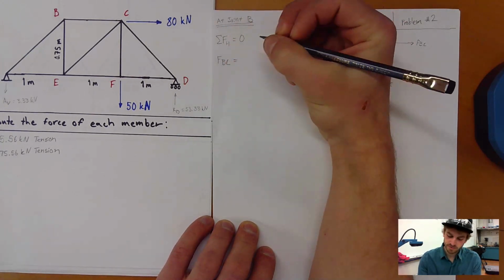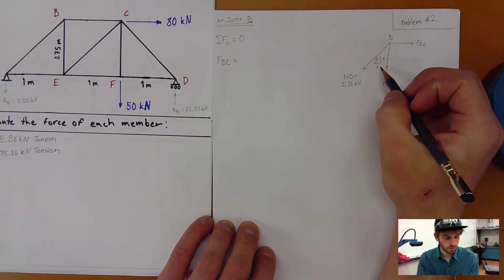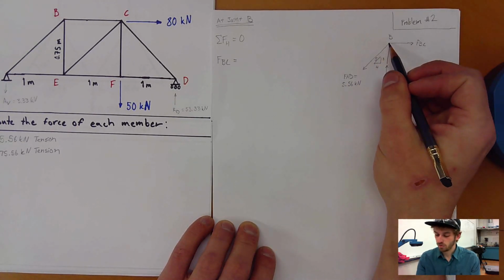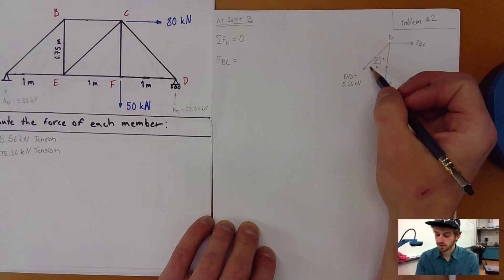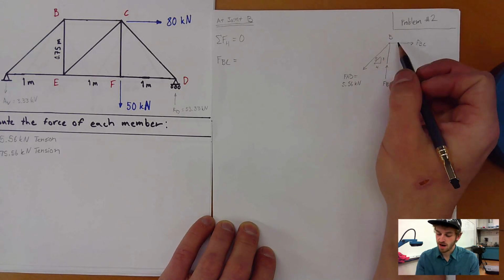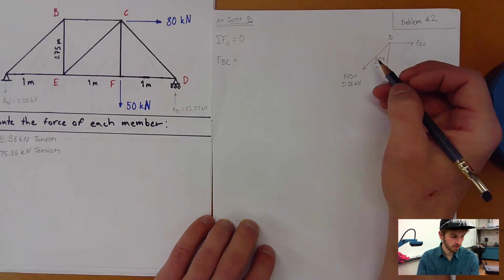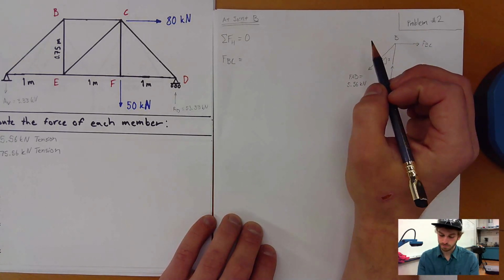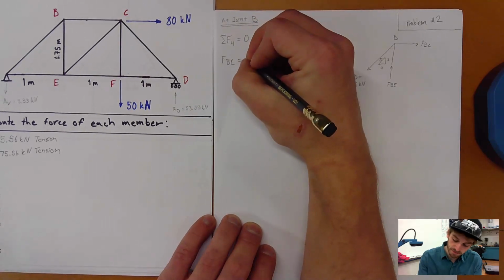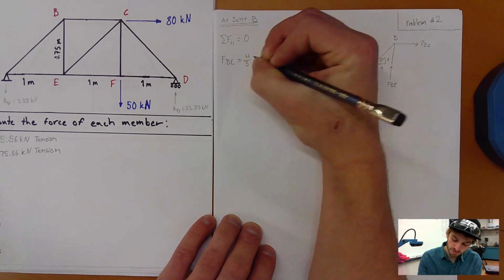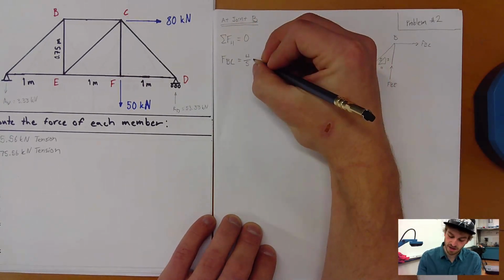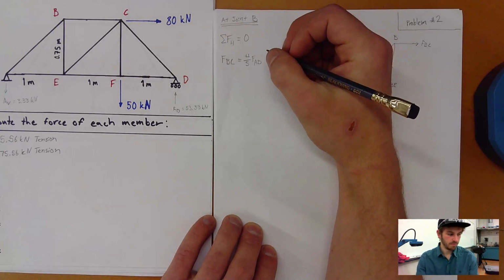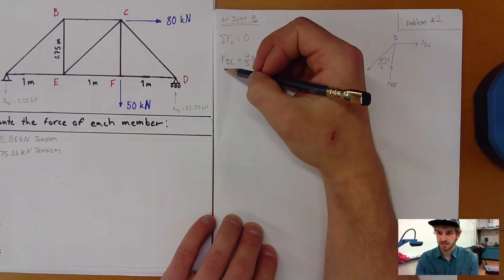If we are looking at our 3, 4, 5 triangle, because FAB is going along the 5 direction of that triangle, 4/5 of FAB is going to be equal to FBC.